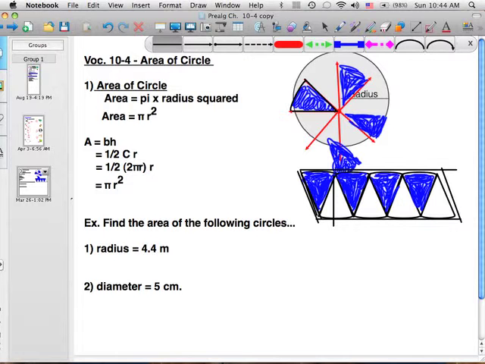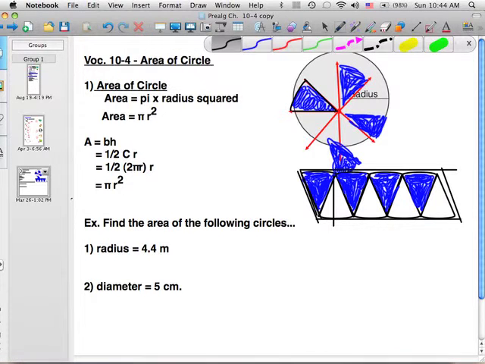So that's where we get this formula, base times height. So it's half of the circle's distance times the radius. The circle's distance is the circumference, so 1/2 times 2 pi r. That would give me pi r, times the radius, which is my height, gives me pi r squared. So that's how they get that formula.